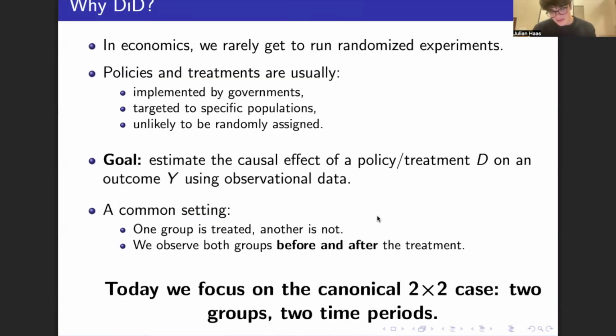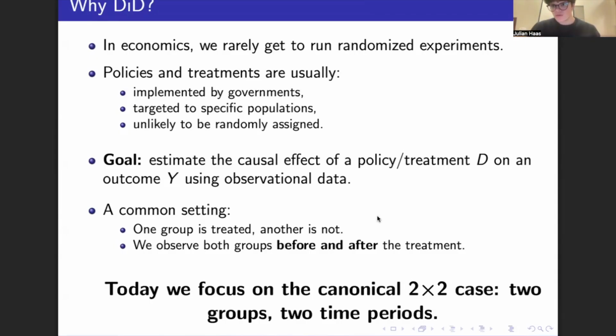However, unfortunately, it's typically not that simple, right? So in economics, we rarely get to run randomized experiments or randomized control trials, also known as RCTs. The main exception to this is in development economics, but outside of that, it's quite rare to see randomized control trials.